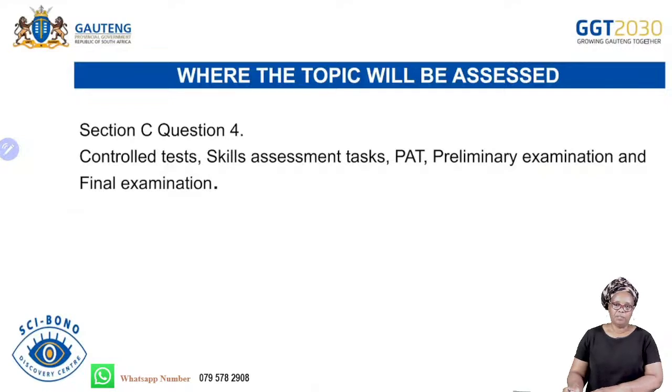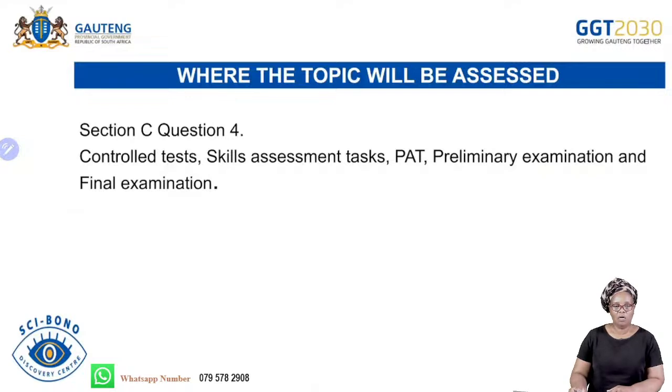Let me remind you what we are supposed to read, what we are supposed to study, and where this topic will be assessed. You will find this topic in section C, question 4. You'll find it in the preliminary examination paper and the final examination. It is section C, question 4.